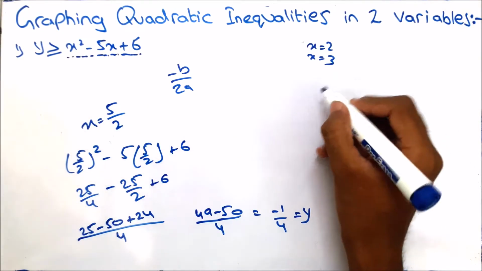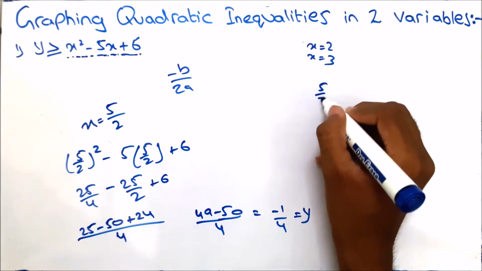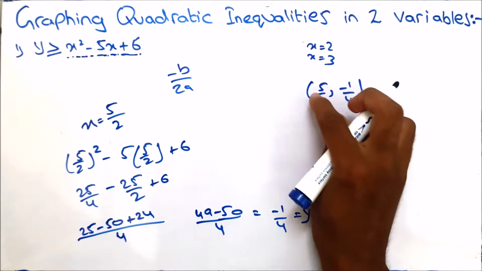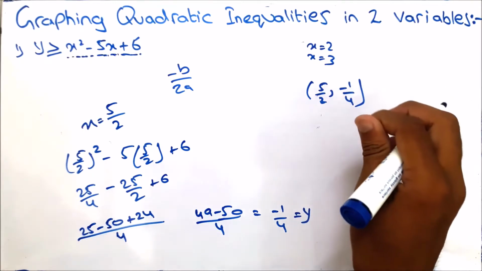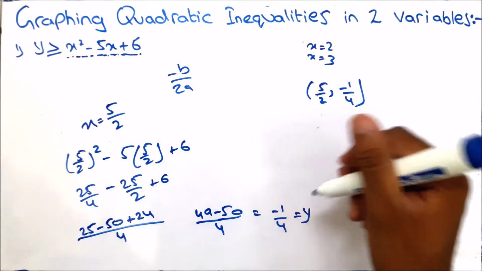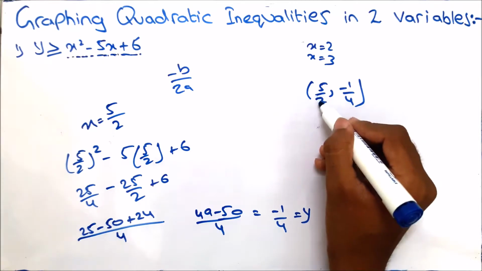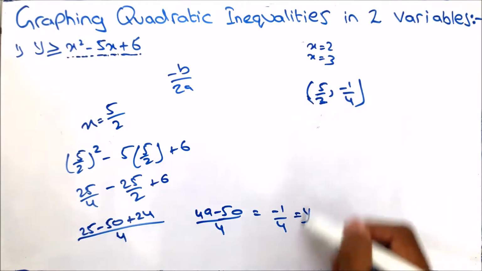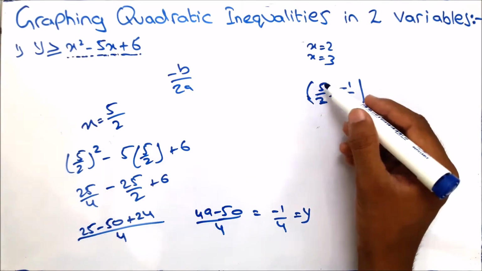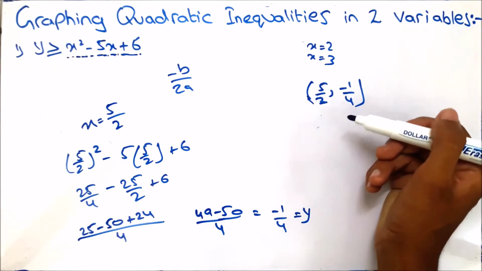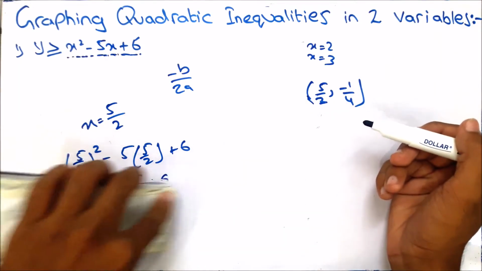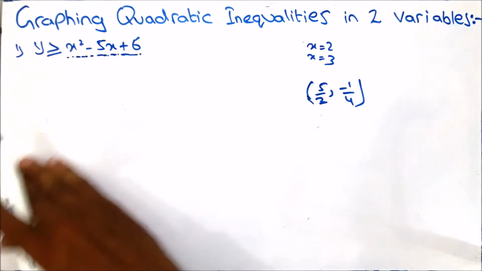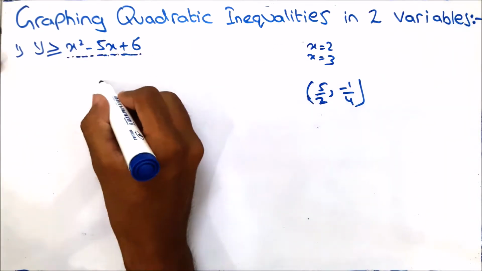So the turning point of the graph is 5 by 2, comma, minus 1 upon 4. Is it minus or is it plus? We need to see. Okay, your graph is this. Okay, that's right. y is minus 1 upon 4 and our x is 5 by 2. Okay, now we have our points to graph the quadratic equation, and then we'll see how to graph this inequality.